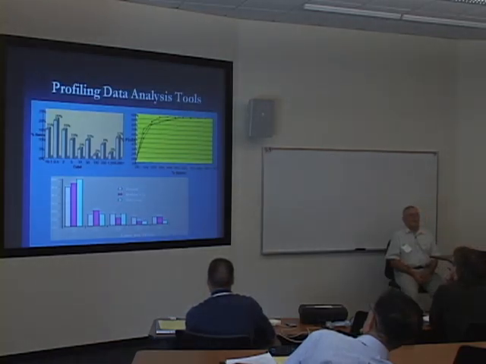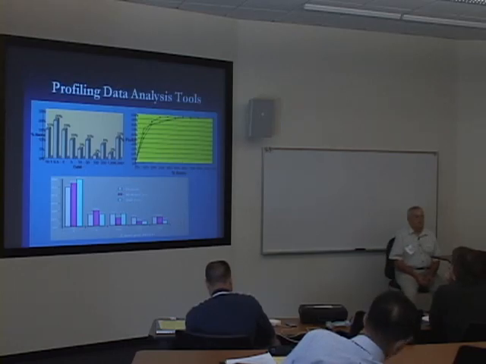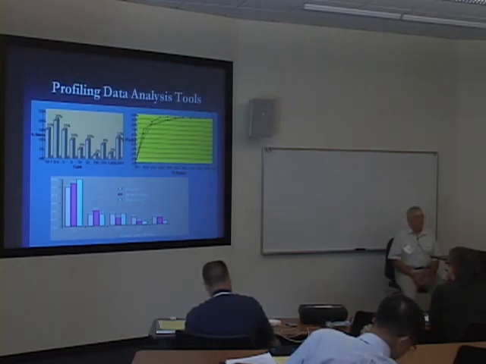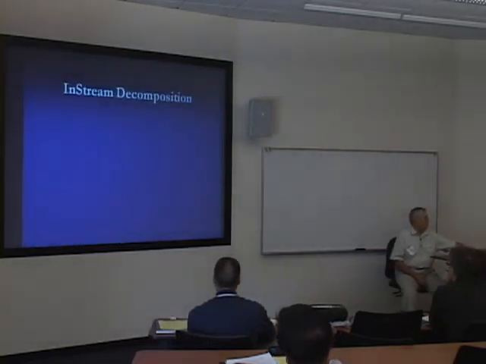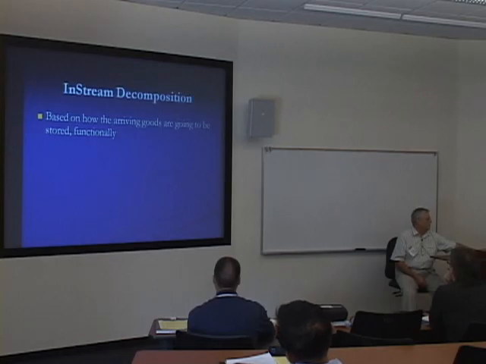Now, the nice thing here is that if you have data on customer orders and data about the goods that are arriving, then you can use standard database technology to ask lots of questions. You can build Paretos and histograms, you can knock yourself silly with this stuff. But keep in mind that the purpose is to decide which of the SKUs are similar, because you want to treat them the same. So I'm going to decompose this in stream based on how I'm going to store these goods.